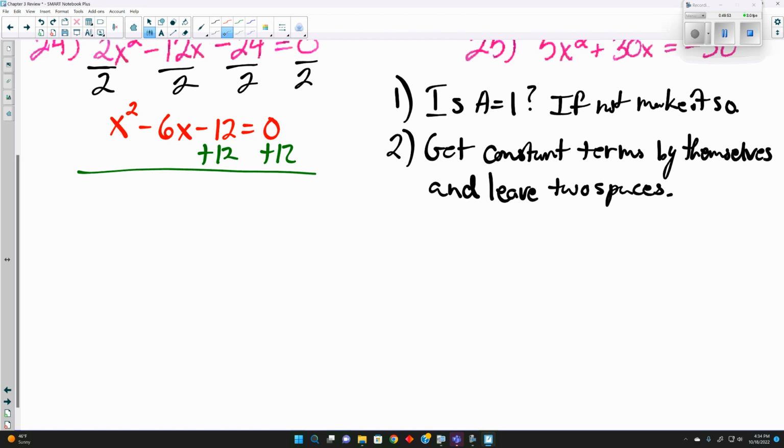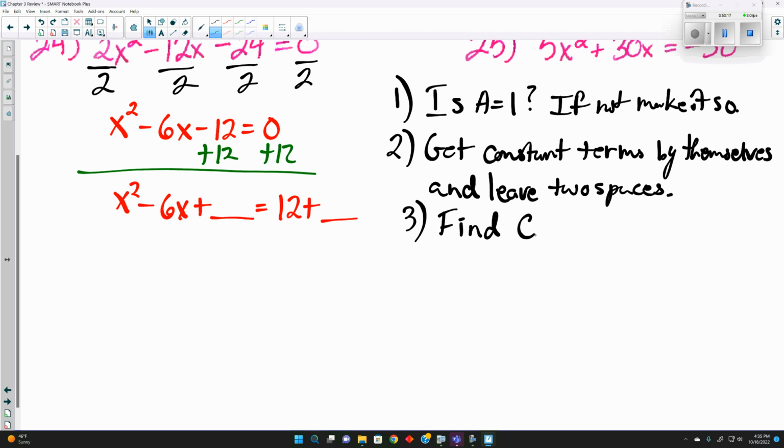So what that gives us is x squared minus 6x plus blank equals 12 plus blank. Because the whole point or the whole goal with completing this square is to be able to write this quadratic as a set of parentheses squared. Essentially, we're trying to get it so that we can use the square root method. Now, the third part is to find c so that this works, and c is our b over 2 squared.